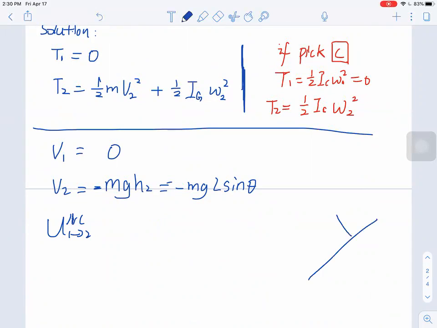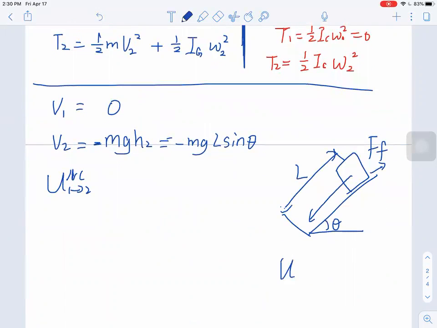If we have just a box sliding from the top to the bottom on the same slope, it travels distance L. If the friction force is Ff, the work done from this non-conservative force from 1 to 2 is going to be negative F times L. That's when we have just a box.